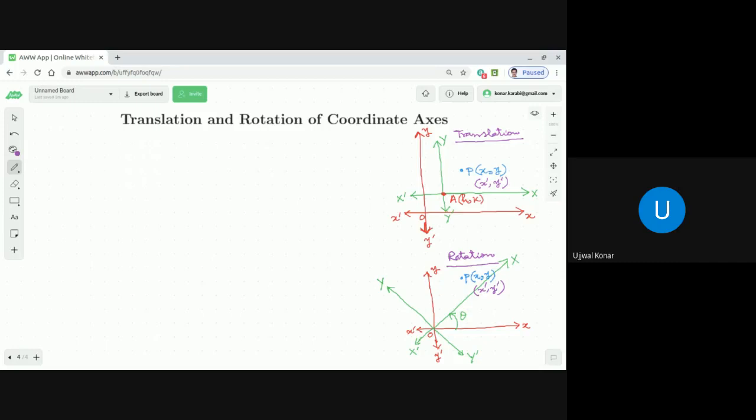So I hope you got what is meant by translation and what is meant by rotation.